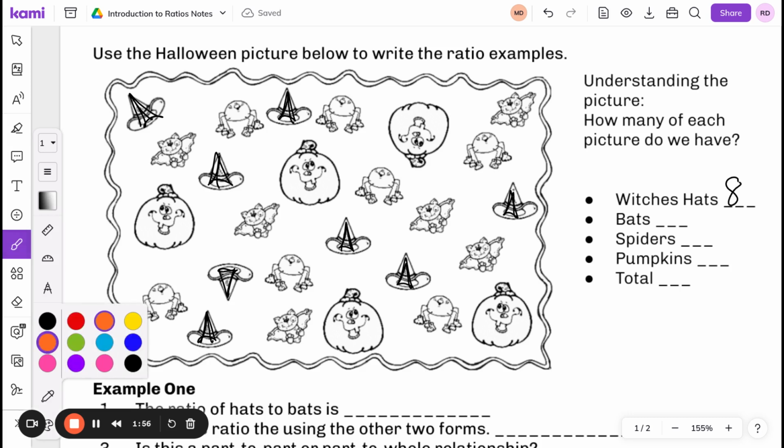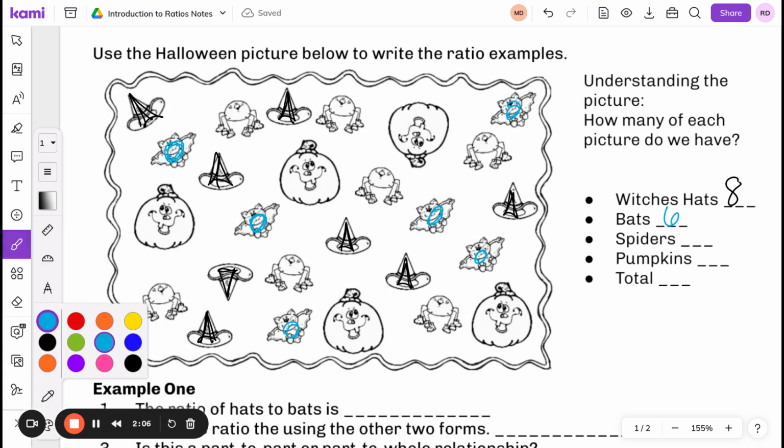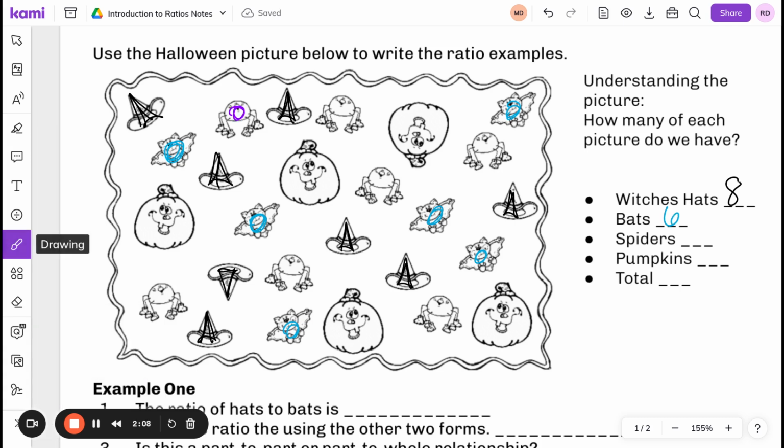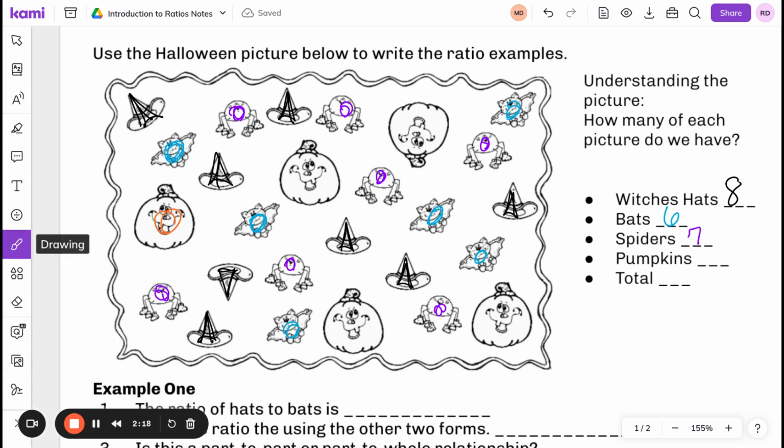For the bats, 1, 2, 3, 4, 5, 6 bats. For the spiders, 1, 2, 3, 4, 5, 6, 7 spiders. And then for the pumpkins, 1, 2, 3, 4, and 5 pumpkins.